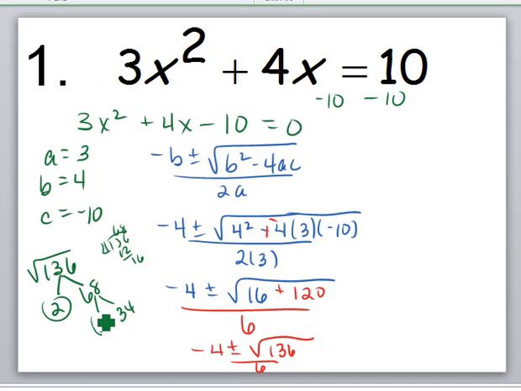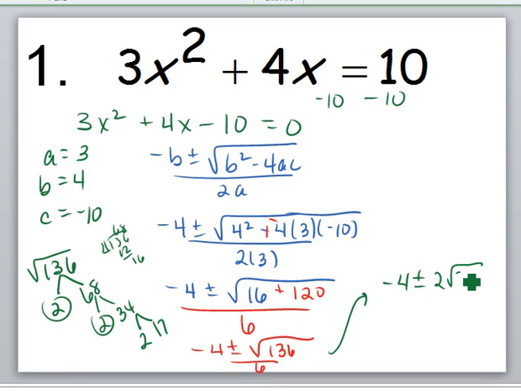So I have a pair, and then 34 can be broken down to 2 times 17. So we really just have negative 4 plus or minus 2 square root of 34 all over 6. Each of these are divisible by 2, so I can make this a 2, this cancels to be a 1, and this would be a 3. So I'd get negative 2 plus or minus the square root of 34 all over 3.